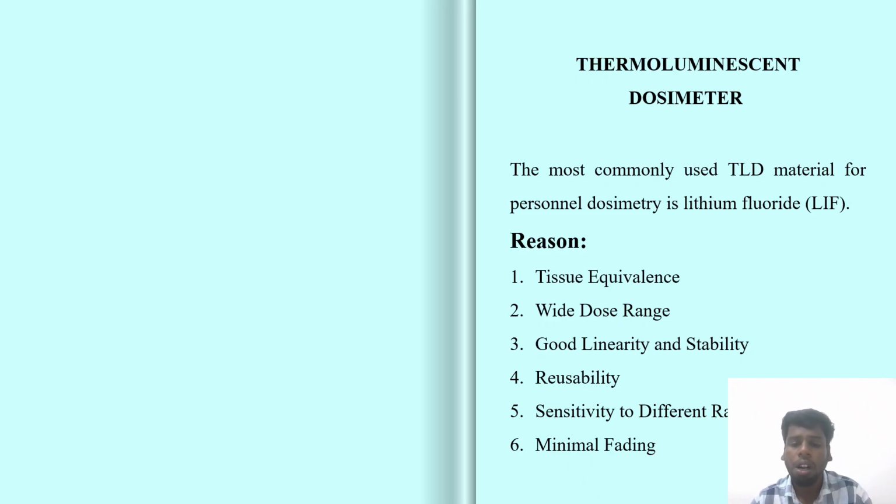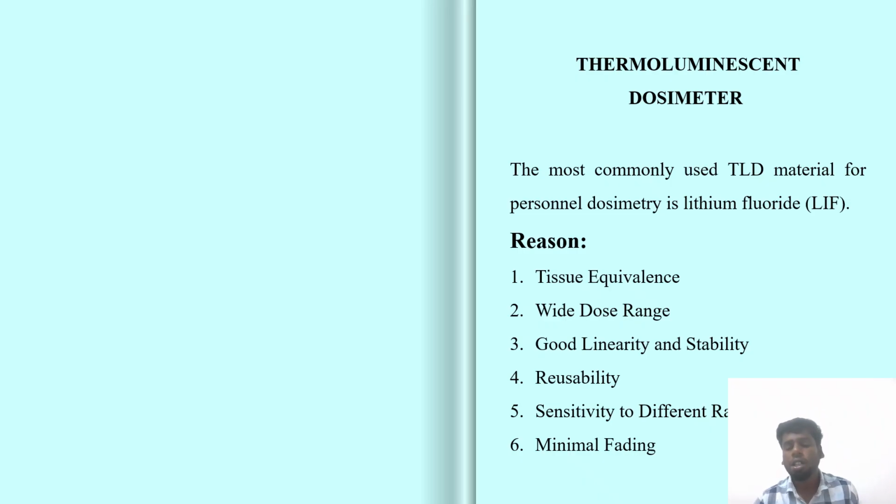For example, if we give a dose of 10, the 10 will be equivalently spread to all the tissues. So it is most commonly used in radiation therapies.